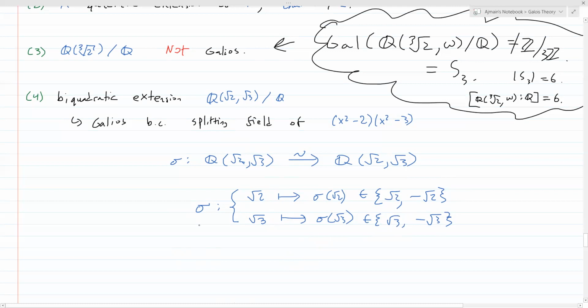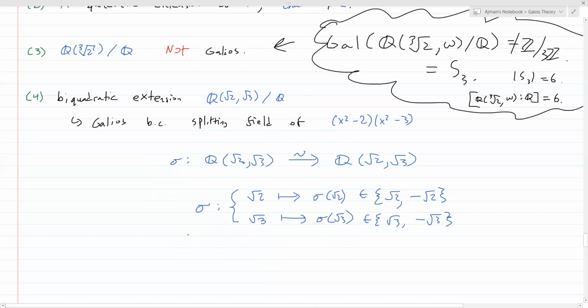It's true that an automorphism is determined by its action on the generators, but sometimes you'll have possible ways to map the generators which are not valid automorphisms. But in this case, all of these possibilities are valid because we have 4 possibilities and we must have 4 automorphisms, since the degree of this extension is 4 and it's a Galois extension. So each of these choices gives us a valid automorphism.